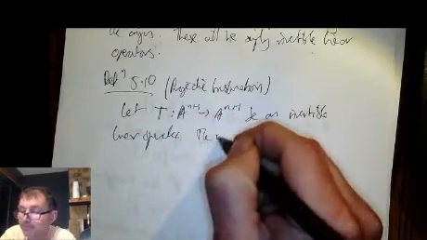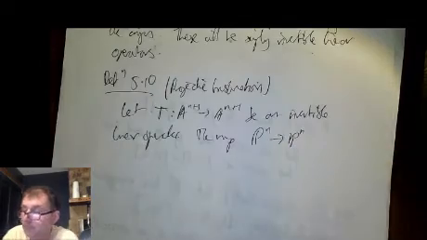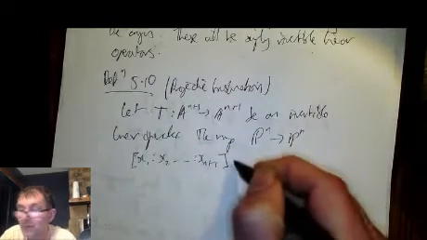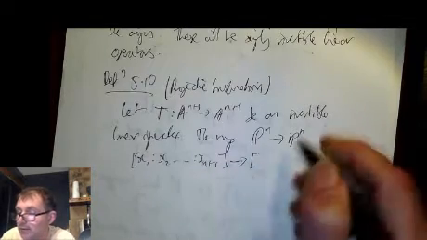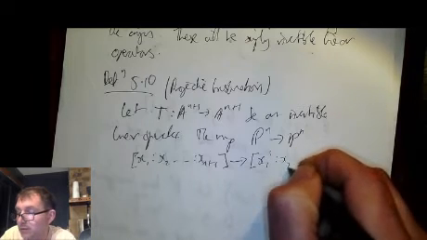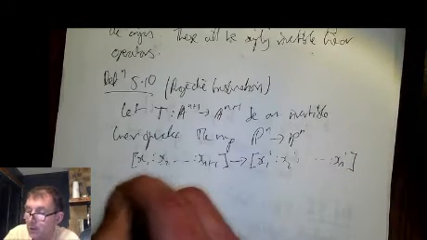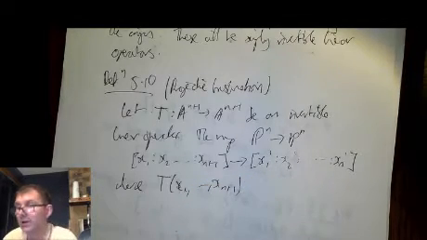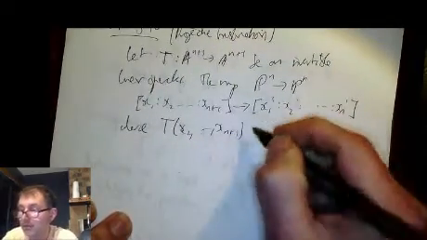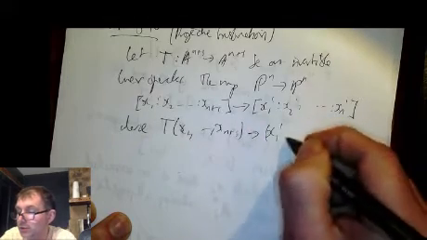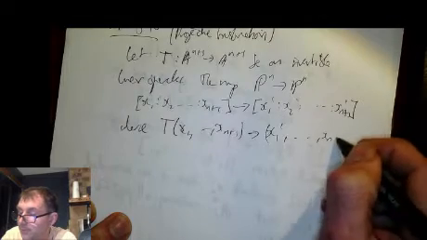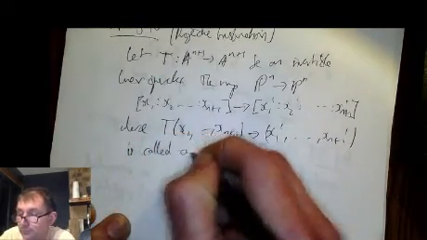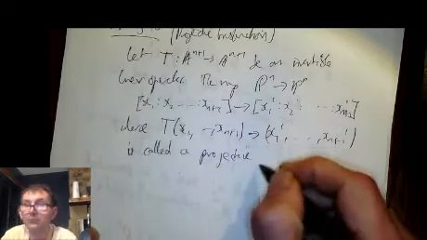Then the map P^n to P^n, which takes the homogeneous coordinates x1, x2, up to x_{n+1} to their images under the map, so x1 dashed, x2 dashed, up to x_{n+1} dashed, where (x1 dashed, ..., x_{n+1} dashed) is T of (x1, ..., x_{n+1}), is called a projective transformation.